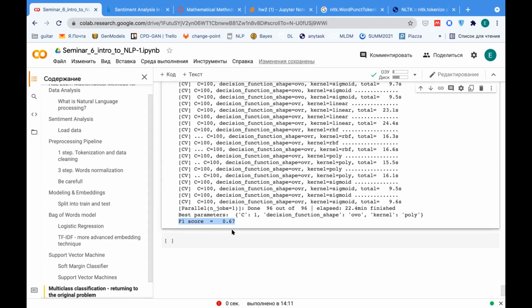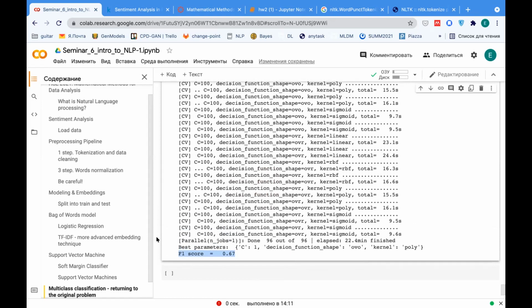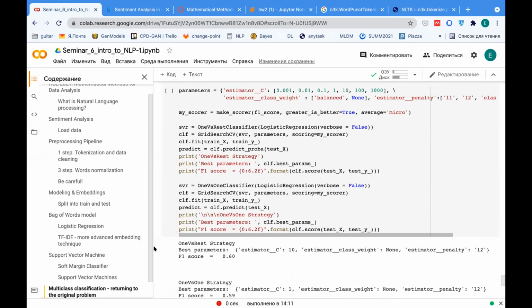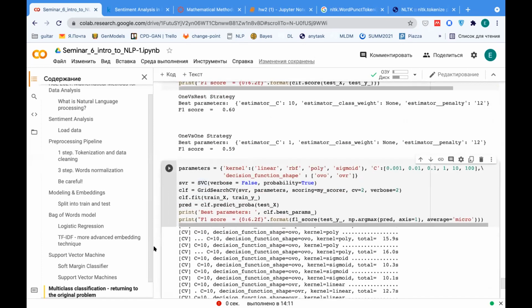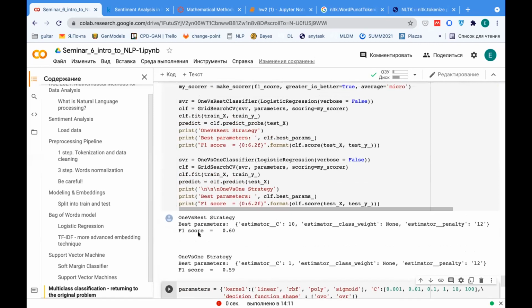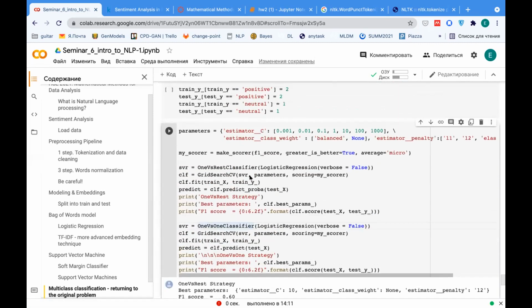So a nonlinear classifier is more suitable for our case than just using plain logistic regression. But in practice, I didn't often see these one-versus-rest and one-versus-one classifiers, but it's important to understand how they work.